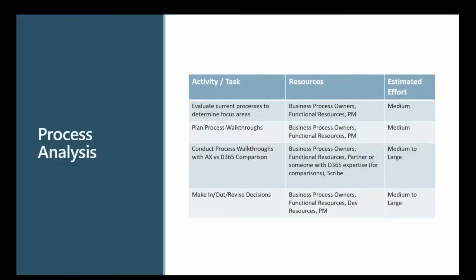And then finally, when we go through the processes, what we want to do is plan process walkthroughs. We want to see each of those processes that you're running, and we want to conduct those while doing the comparisons, which was in that conference room image that I gave as well. And then finally, we're saying what's in or out, right?